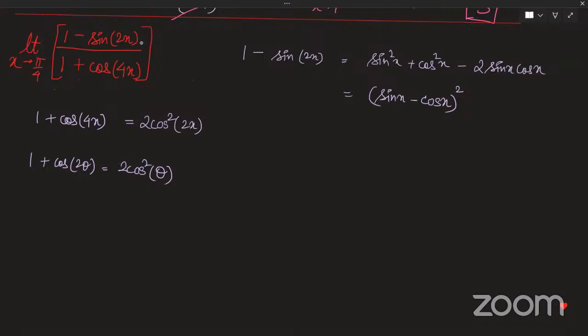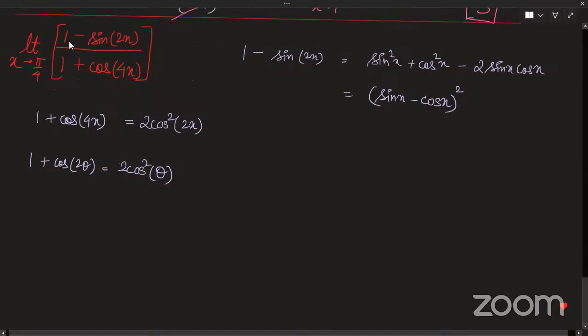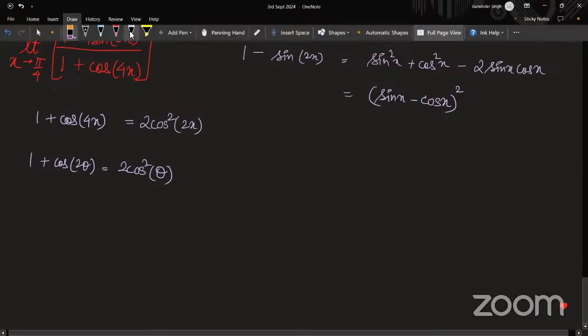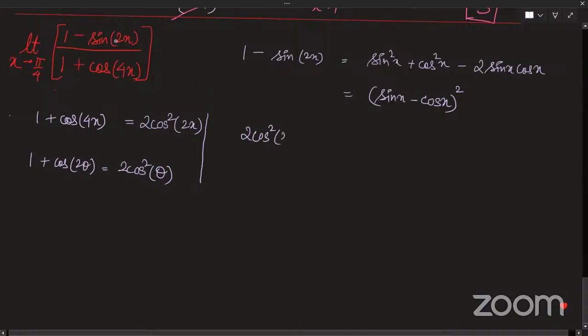Agree, everyone? Yes, sir. In place of x you can just put 2x. Is the x confusing you? In place of x you just need to put 2x, and you can get your answer easily. Okay, great. So now we have 2 cos square 2x.